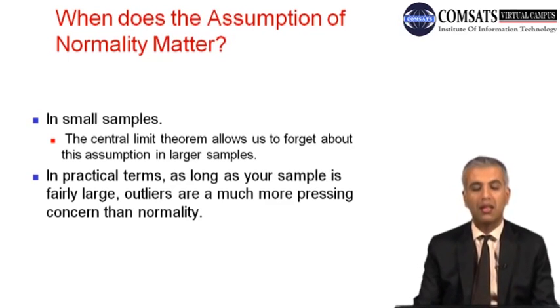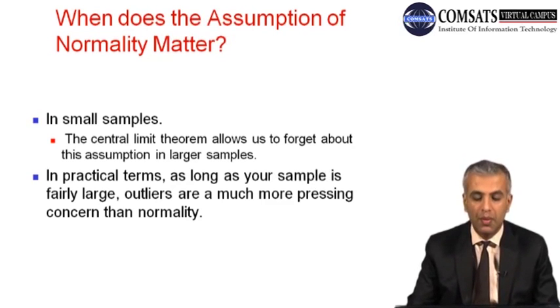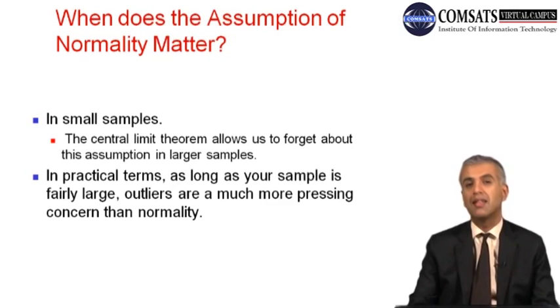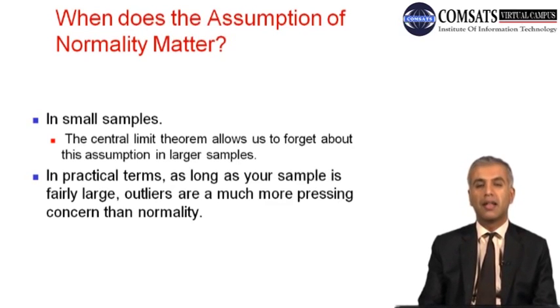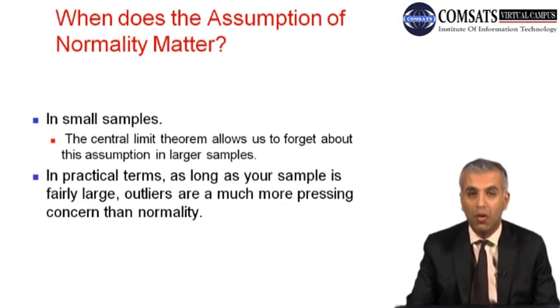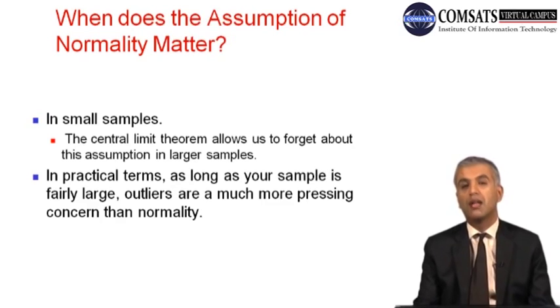In small samples, of course, we have to do this. It is stated under the central limit theorem, which we discussed in the previous lecture, that if the sample size is greater than 30, then the normal distribution would automatically be followed in that sample.